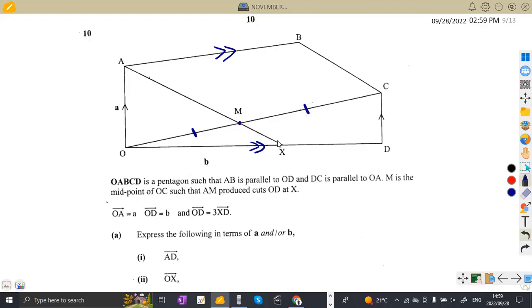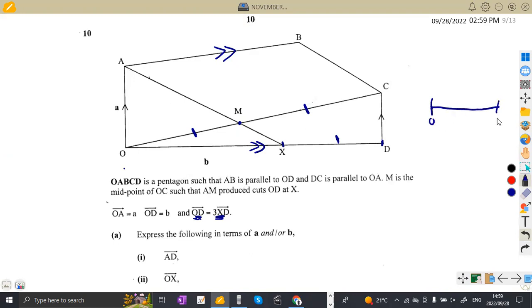And AM produced is going to meet at X, like that. We are given vector OA, which is a, and OD, from O to D, is b, which means this b that we see is the vector of O to D. And OD is equal to 3XD. If we are given a ratio OD equal to 3XD, what does this mean? It means we have got XD, which is only one here, and in OD there are 3 of them.